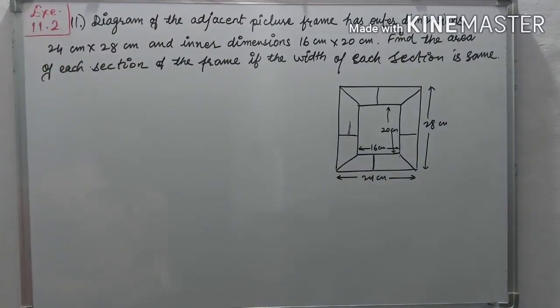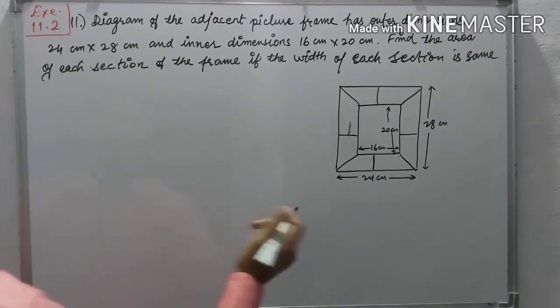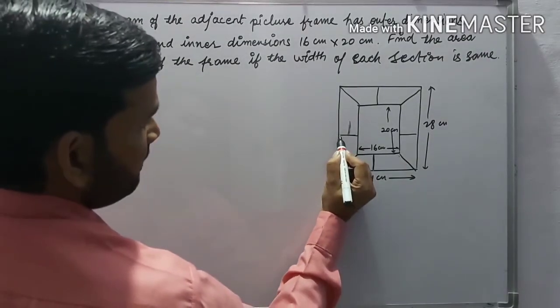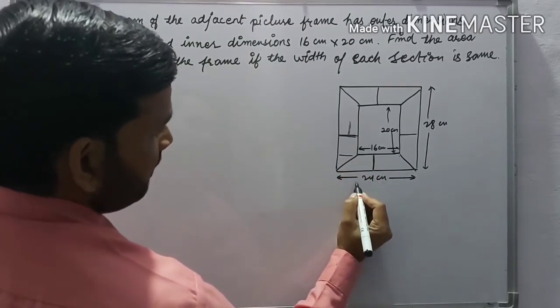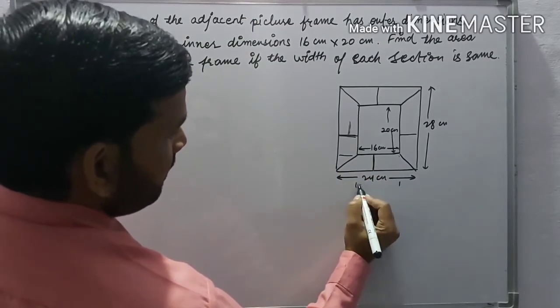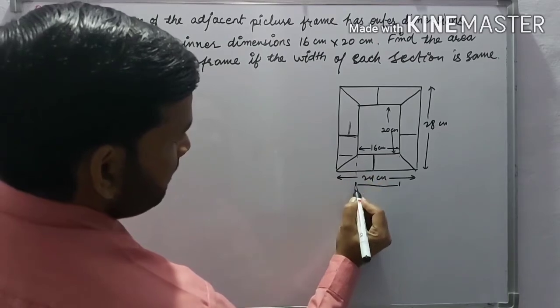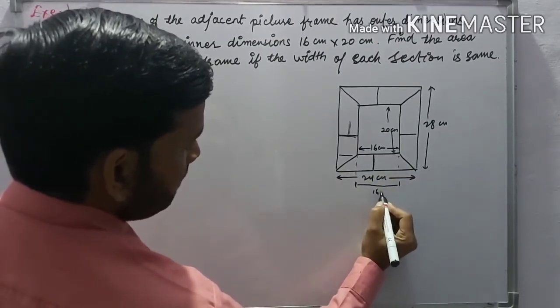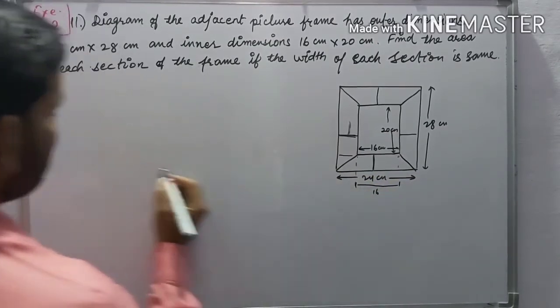Now the breadth, this is the distance. This distance is 16, and the total is 24.